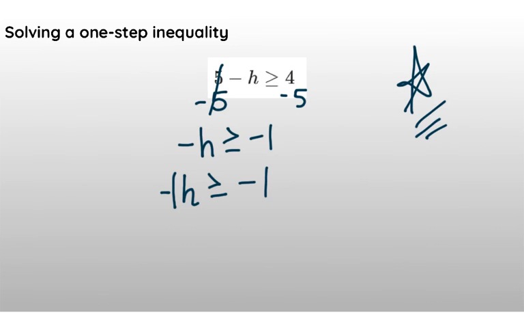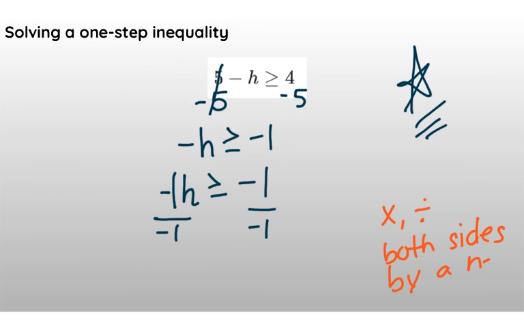So in order to get h positive, ultimately what I'm doing is dividing both sides by a negative number. Here's the special inequality rule that I do not want you guys to forget. When you multiply or divide both sides of an inequality by a negative, you must flip the sign to make it true.